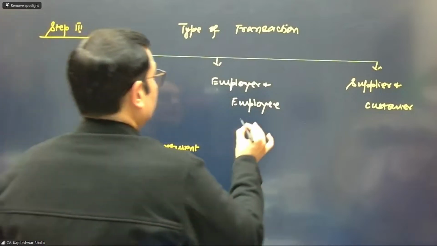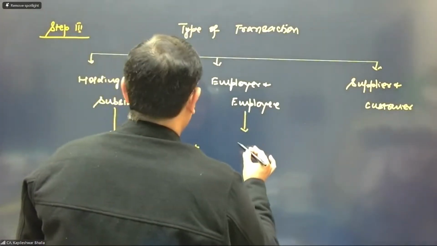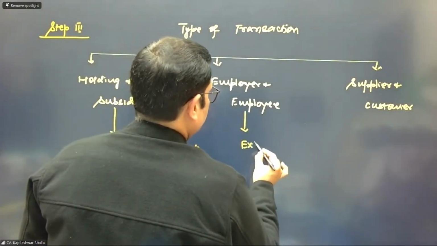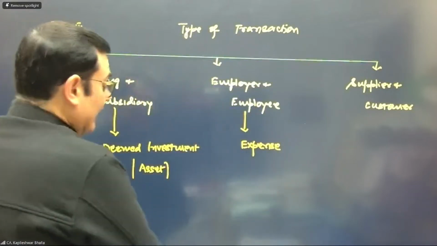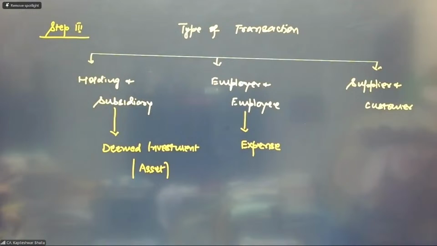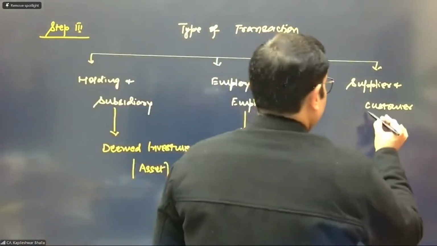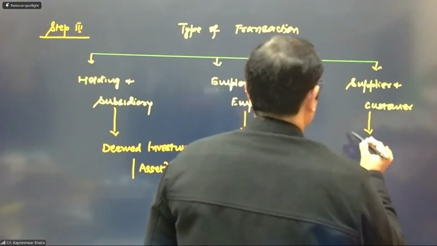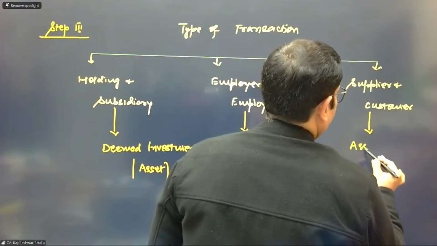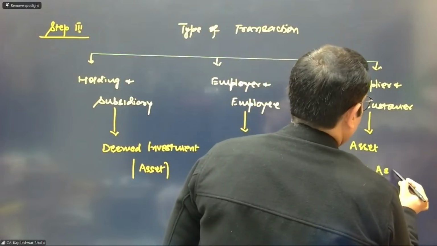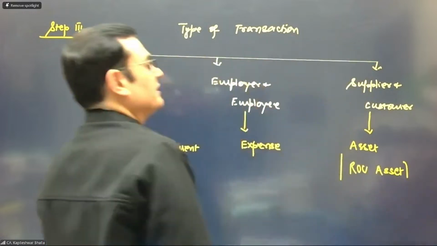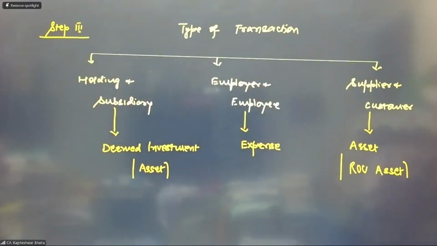If it is employer-employee, it will be treated as an expense. And where we are considering supplier and customer, this will be considered as an asset, generally called ROU asset, that is right of use asset.